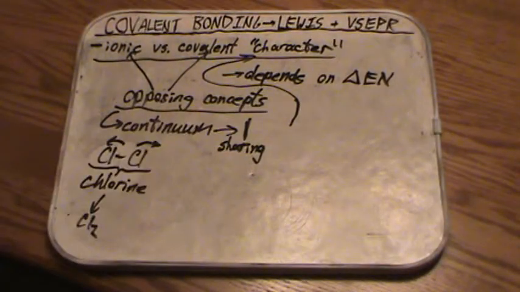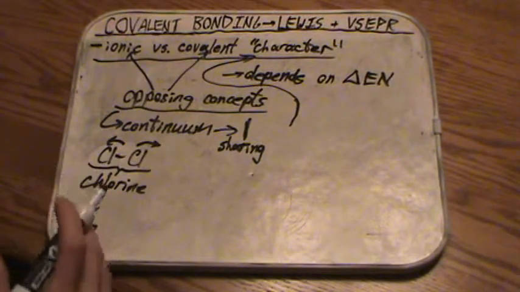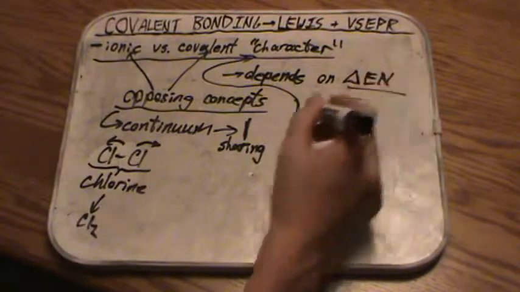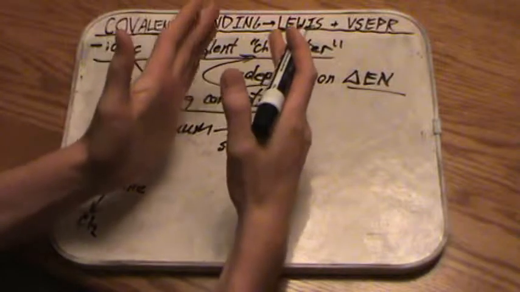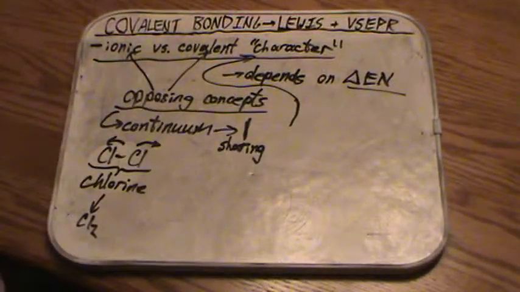The resulting fact is that the electrons stay almost in a neutral state, where they're not pulled towards one or the other because the pull is the same. So they would be in this ideal world where the electrons are shared.